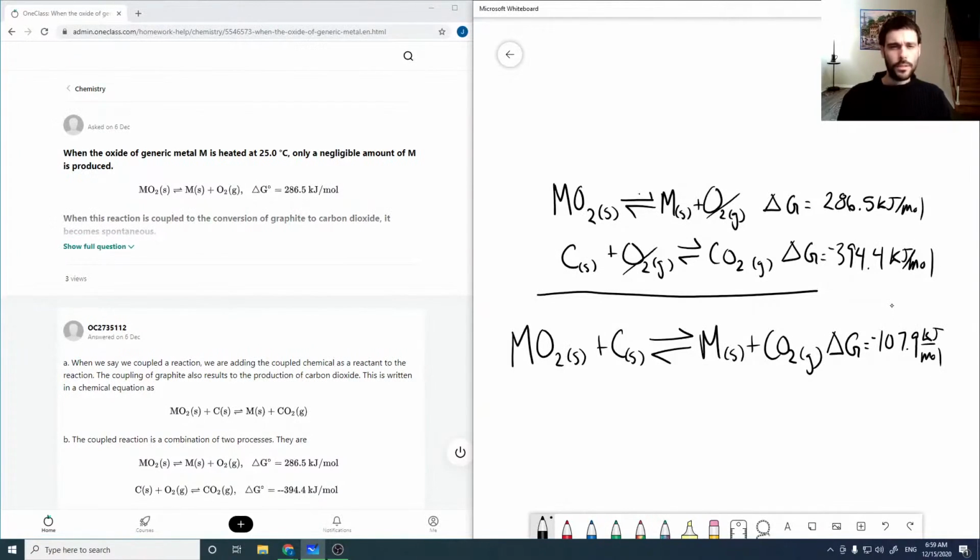And it wants us to find the equilibrium constant. So the delta G is negative, so it is spontaneous. But then for the equilibrium constant, delta G is minus RT ln K, where K is our equilibrium constant.